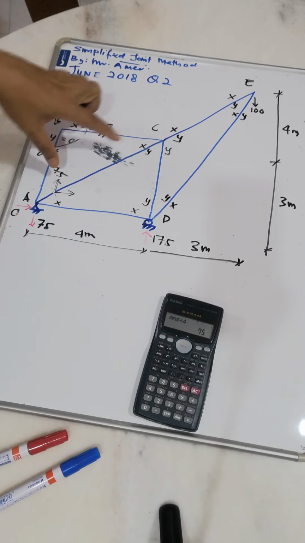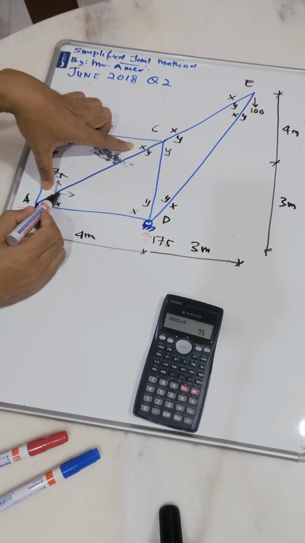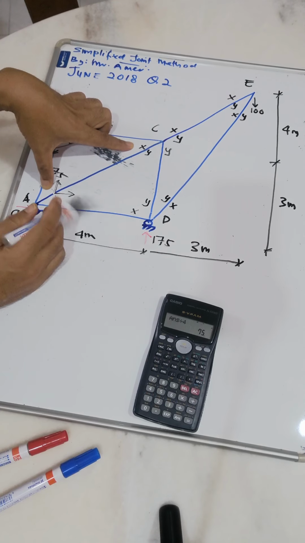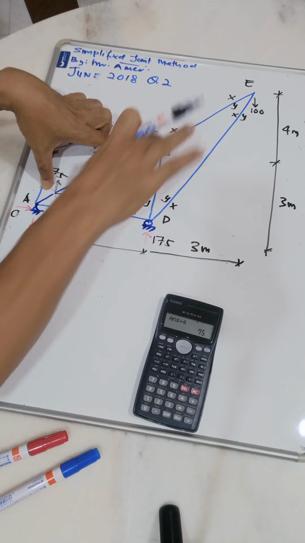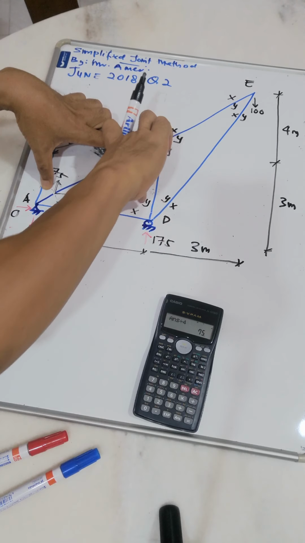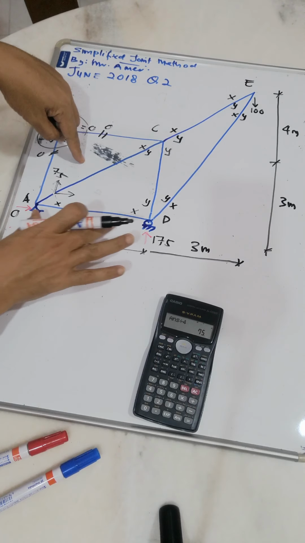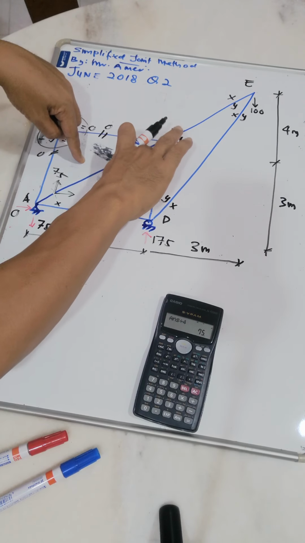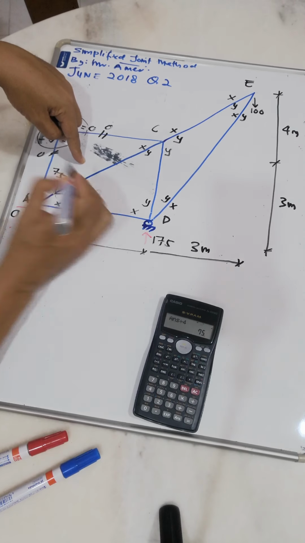Because this is member CA and you want to determine the force in X, you use the ratio of distance X over Y. It means 4 over 3 multiplied by 75, and you get 100.